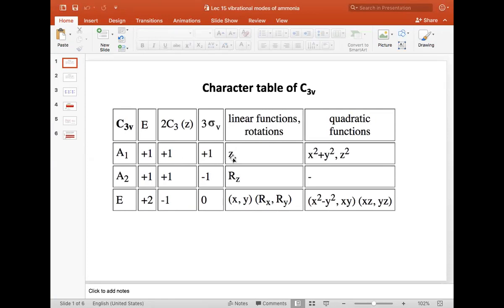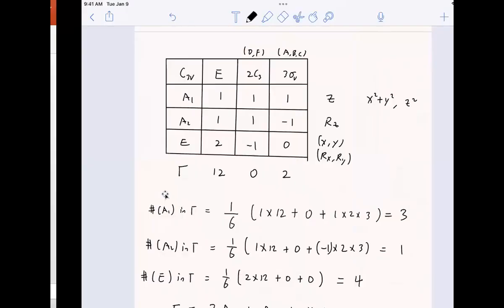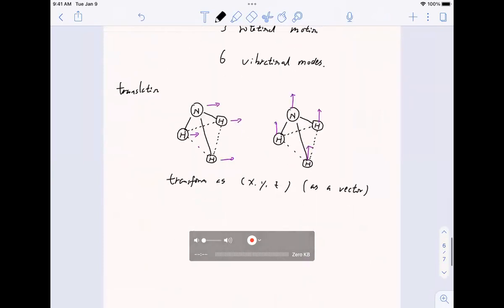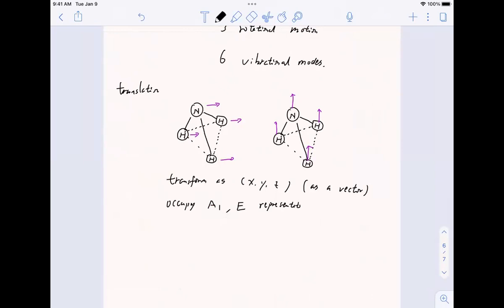So you can see that translation will have the representations A1 and E. Look at the table, you know.